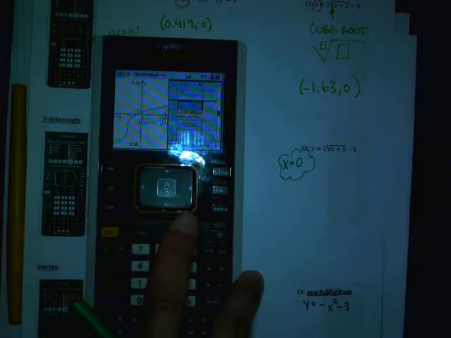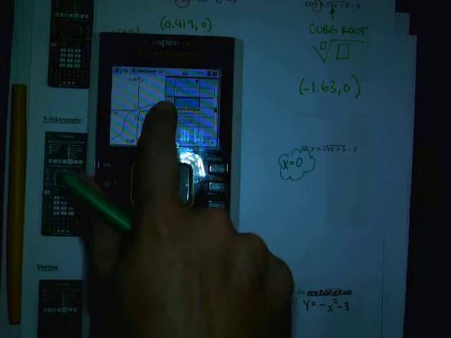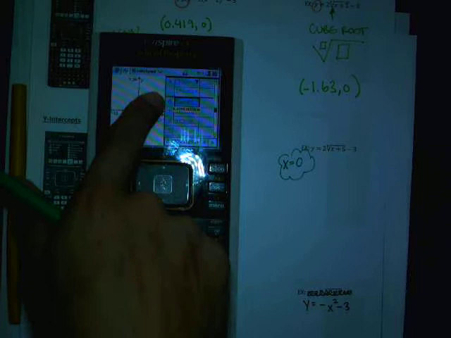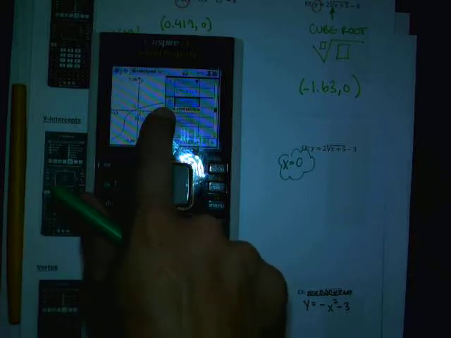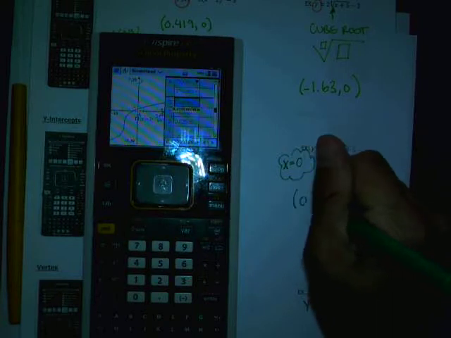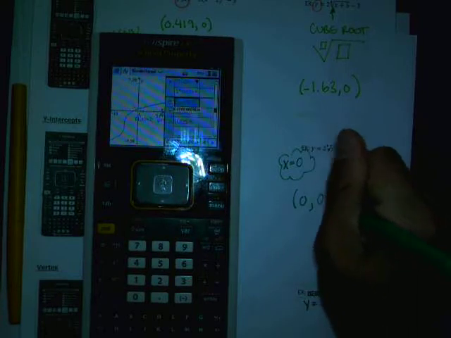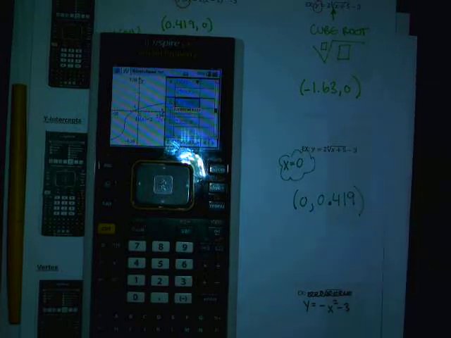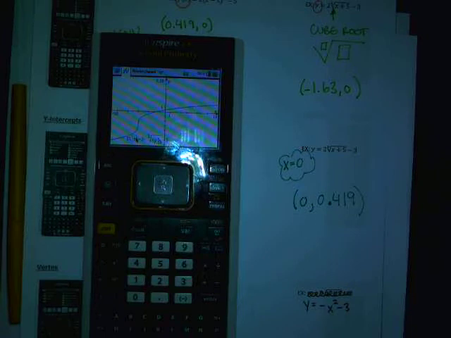Oops, sorry, there's a big old glare. So you're going to scroll up to when the x is 0. X is this little column right here. So you're going to scroll up to when x is 0. This point right here is your y-intercept. So 0 and then 0.41. Control T will also get rid of your table.